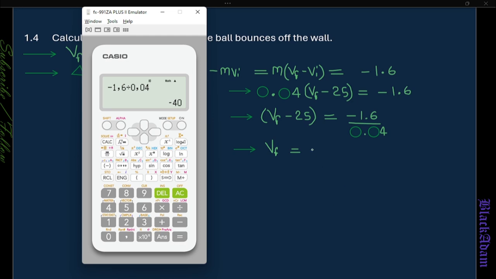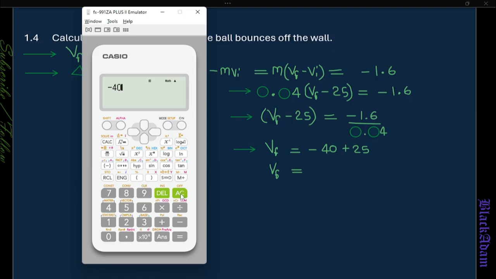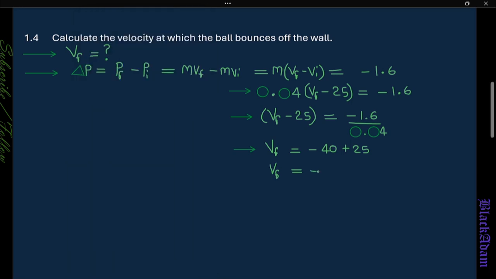Using a calculator, that gives negative 40. We take 25 to the right, it becomes positive, so final velocity is negative 40 plus 25, which is negative 15. So the ball goes back at 15 meters per second in the opposite direction, to the left. That's our final answer.